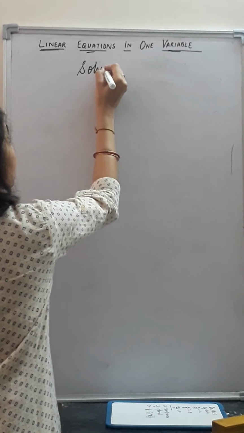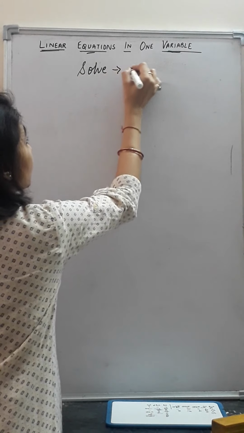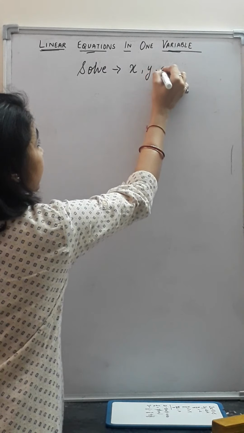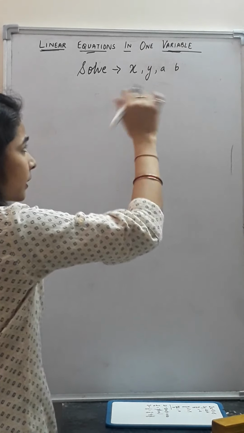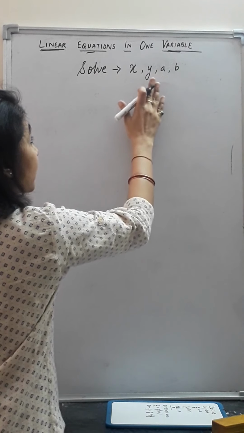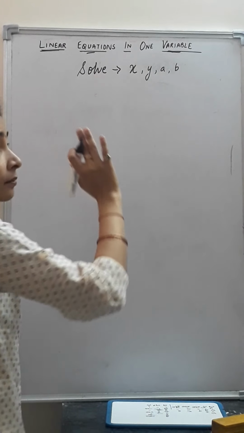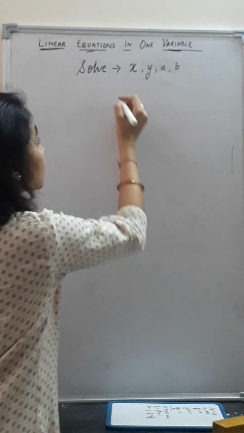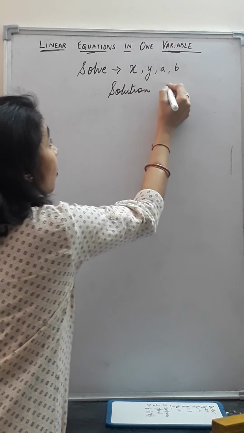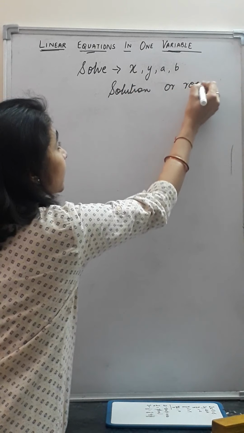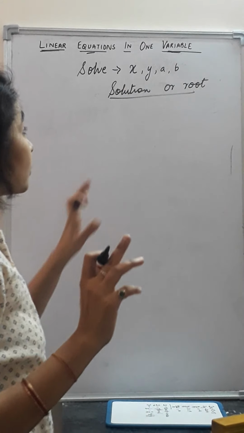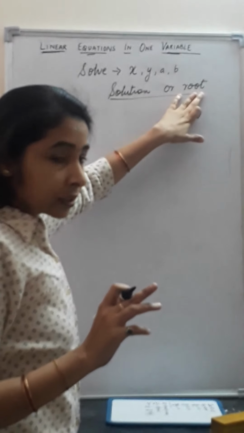What does this word solve mean here? We need to find the value of the variable, whether it is x, y, a, b, whatever is there in the equation. When we find out the value of this variable, then that value is called the solution or root of the equation.